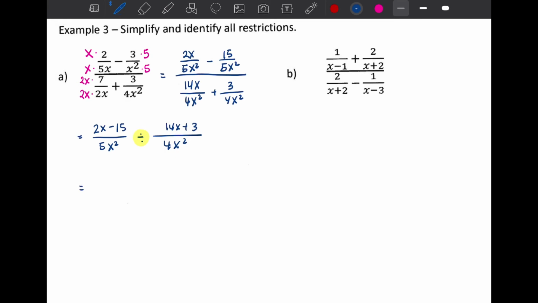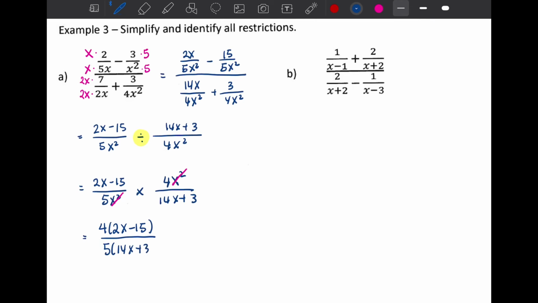So let's switch the operation and flip the second fraction, like this. And then see what we can cancel out. I could cancel the x squared out. And that's about it. We can't really cancel anything else out. So we have 4 times (2x minus 15) all over 5 times (14x plus 3).